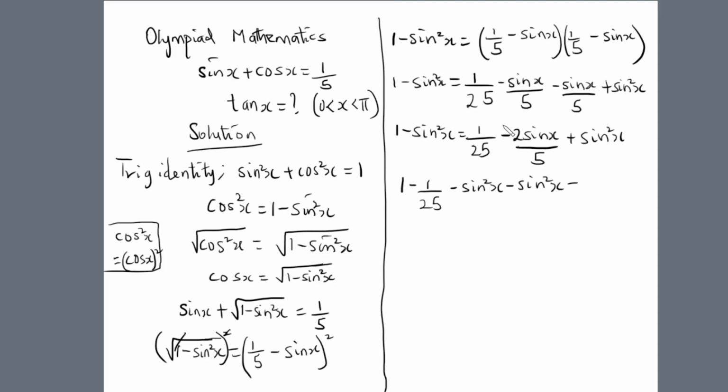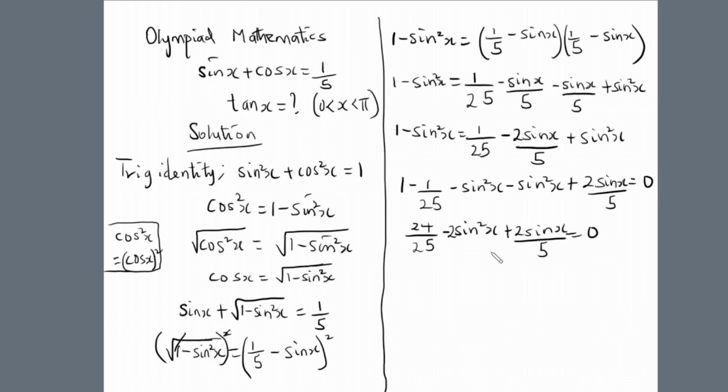Then plus, minus becomes plus when it moves, plus 2 sine x over 5. 1 minus 1 over 25 is 24 over 25. And then we have minus 2 sine squared x, because you are adding minus sine squared x and minus sine squared x. So that's minus 2 sine squared x plus 2 sine x over 5, sorry, this is equal to 0. I forgot that.